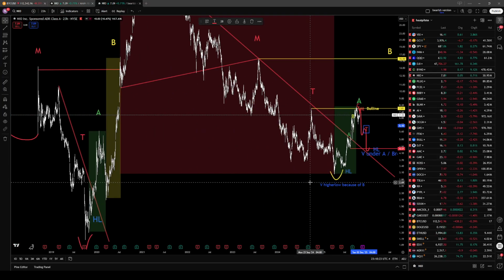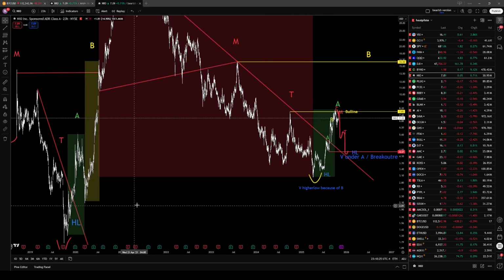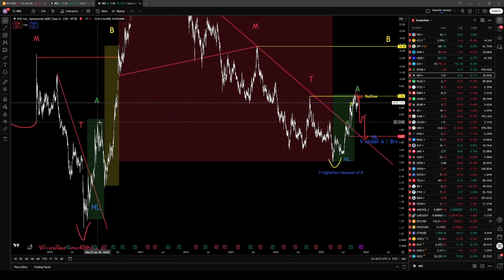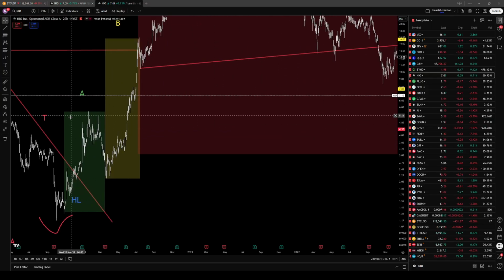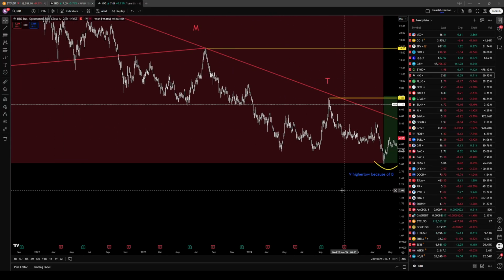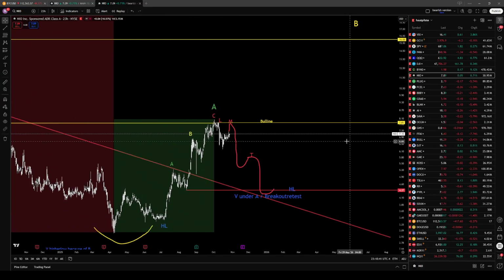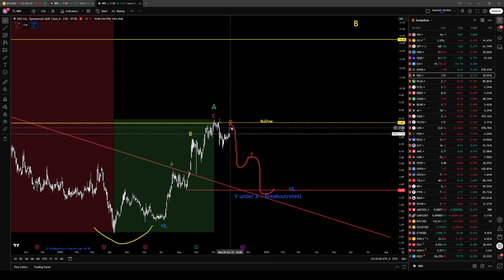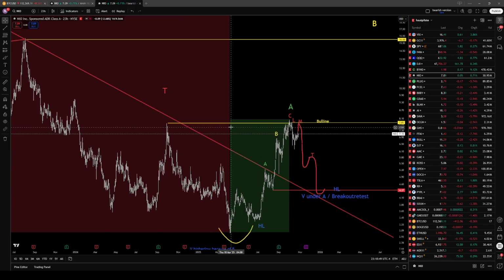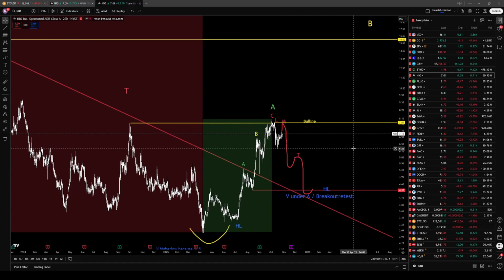And this would be nothing else than this here: just a perfect head and shoulders. Left shoulder, head, right shoulder. And we would be in this candle right now. And then we do here our V and A. Same like here. Left shoulder, head. And right now we would be on the run to our right shoulder. I'm leaning more to this.